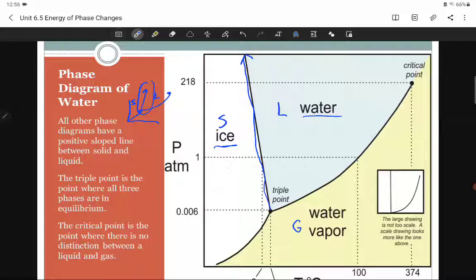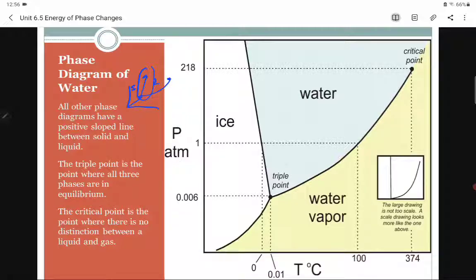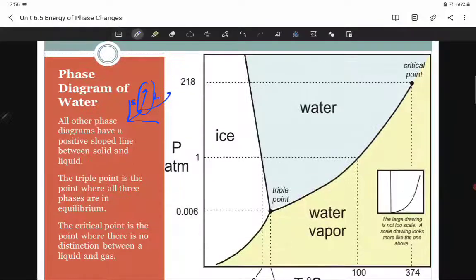Now, of course, we do have gas down here. So we're going to be able to use this to see how pressures and temperatures interplay, pressure on the y-axis, temperature on the x-axis. So typically we are at 1 atmosphere. Even in Pittsburgh, we'll probably be close to 1 atmosphere, and it does change all the time.